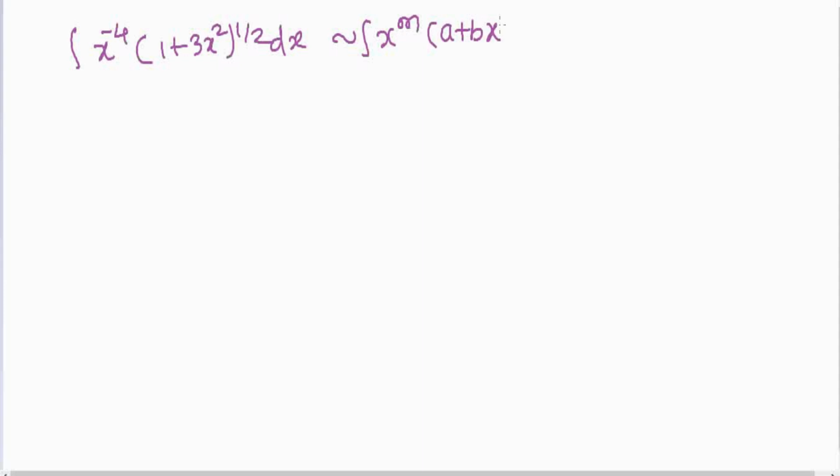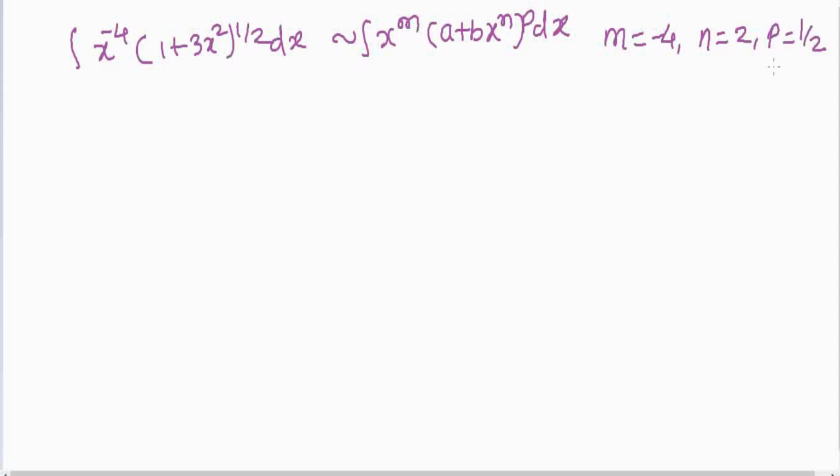We have considered two problems which come under case first and case second. Now the integration of x raised to minus 4 into (1 plus 3x square) whole raised to 1 by 2 into dx. Comparing this with x raised to m into (a plus b x raised to n) whole raised to p into dx, m equal to minus 4, n equal to 2 and p equal to 1 by 2.